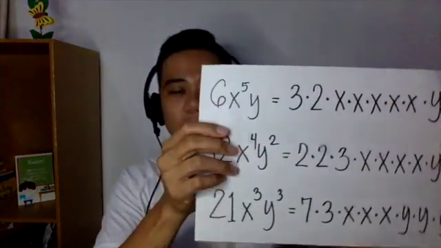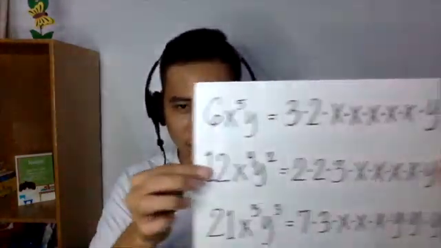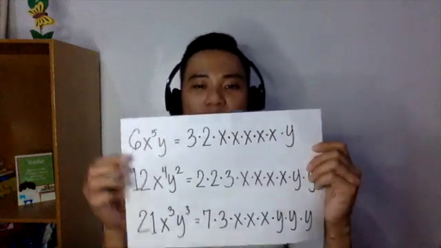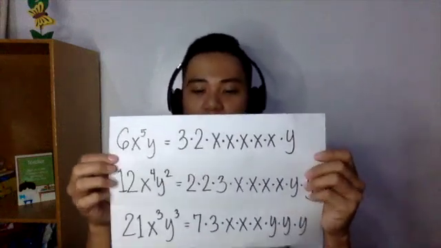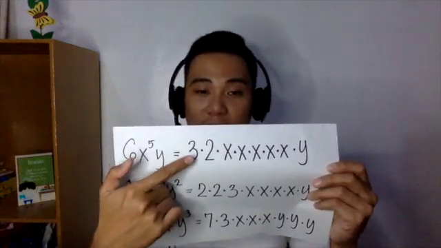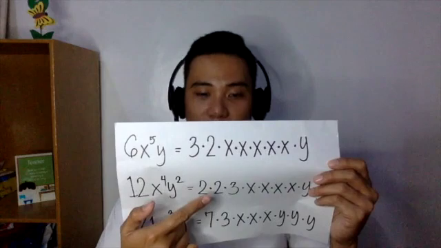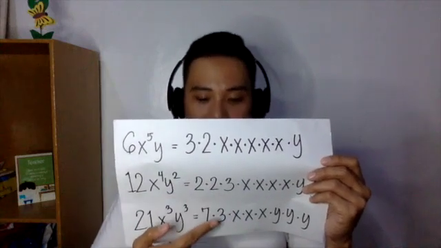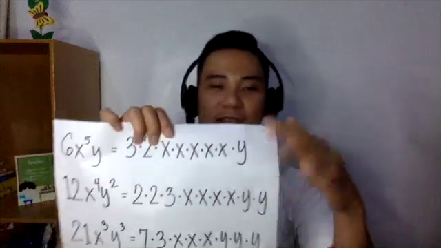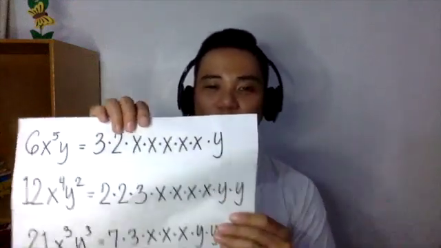Looking at all the factors of the three polynomials, it's very long. The common factors: number one is the 3, we have 3 and 3 and 3. Next, for the x, how many common x's do we have?